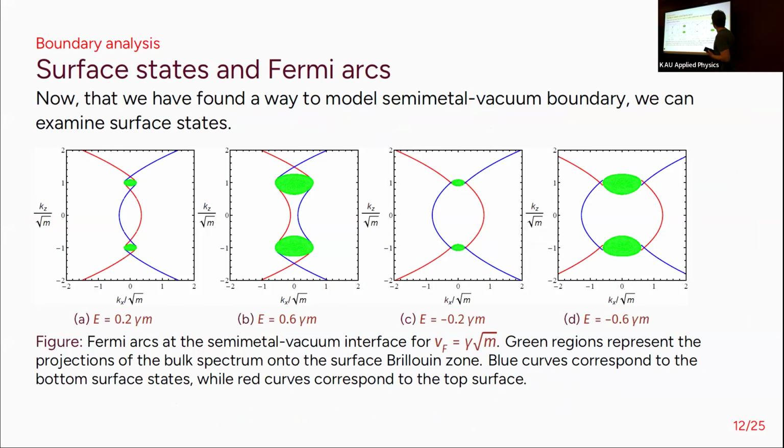Top surface means that the semimetal is below, like y below zero, and vacuum is above zero. What we see here is that for the same magnitude of energy, but different signs of energy, the curves differ. That's because we broke the electron-hole symmetry.